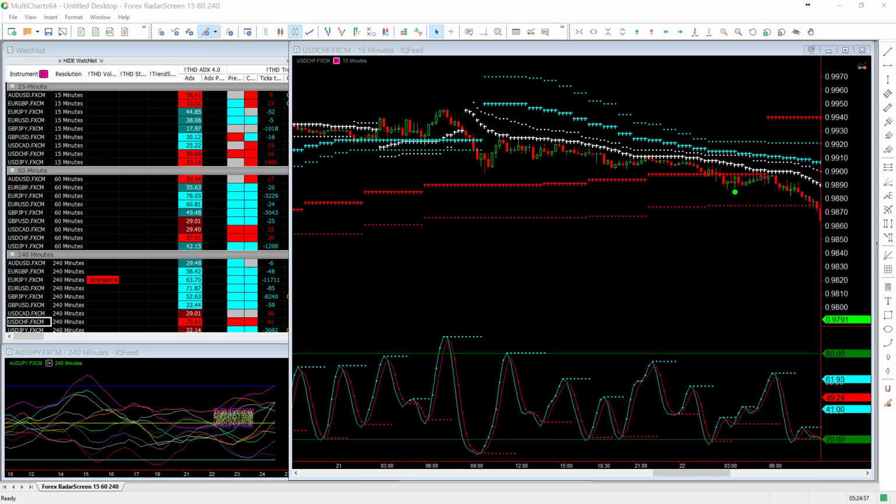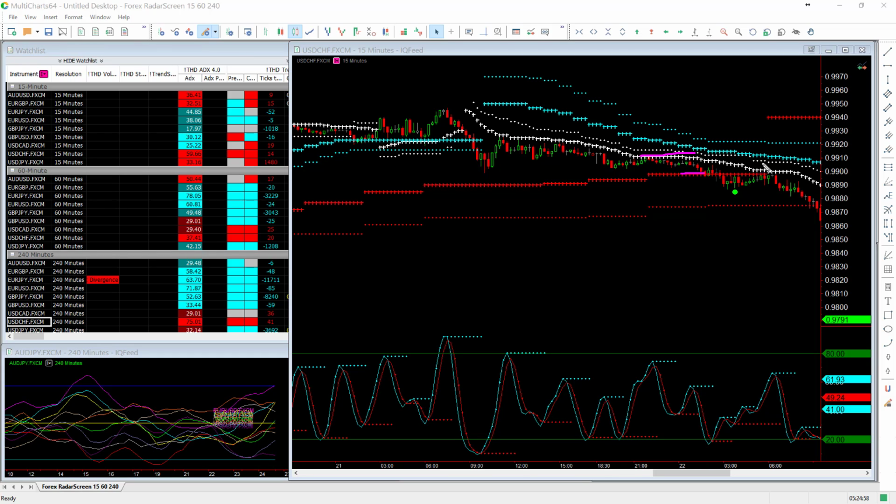Now, the one area that I would not have taken a trade, and it's simply because it's so narrow, is actually when it tested the ATR here. It does indicate that it would go down, but this is about 10 pips here.